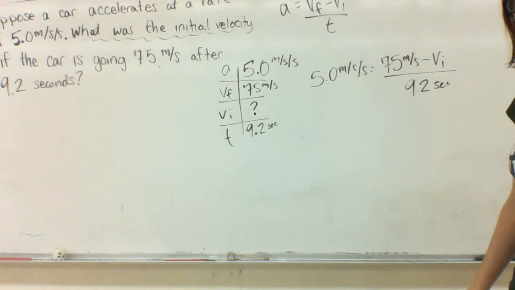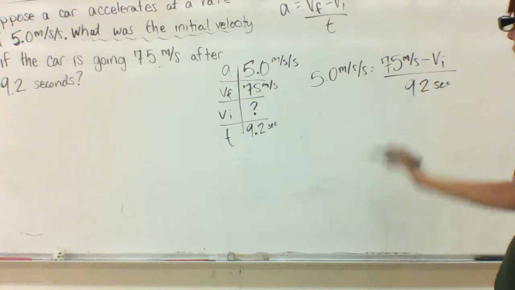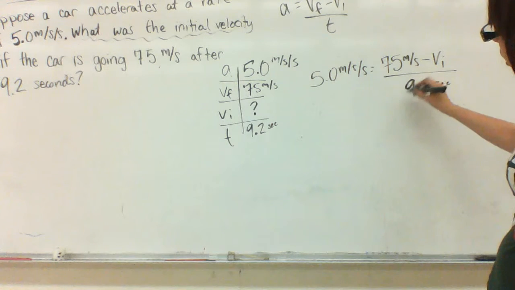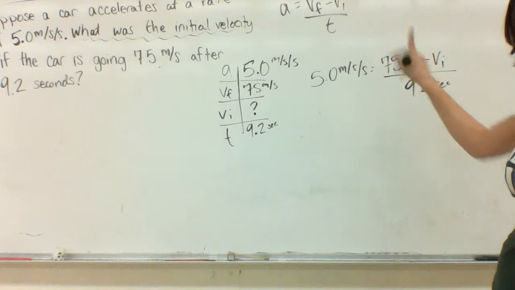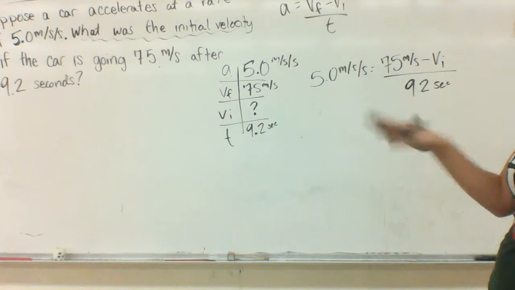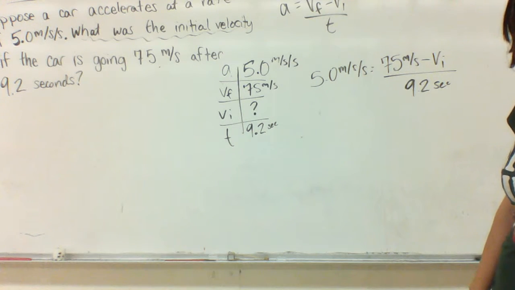Now you might be wondering, what do I get rid of first? Because our goal is ultimately to get vi by itself. I want to cancel everything else out.